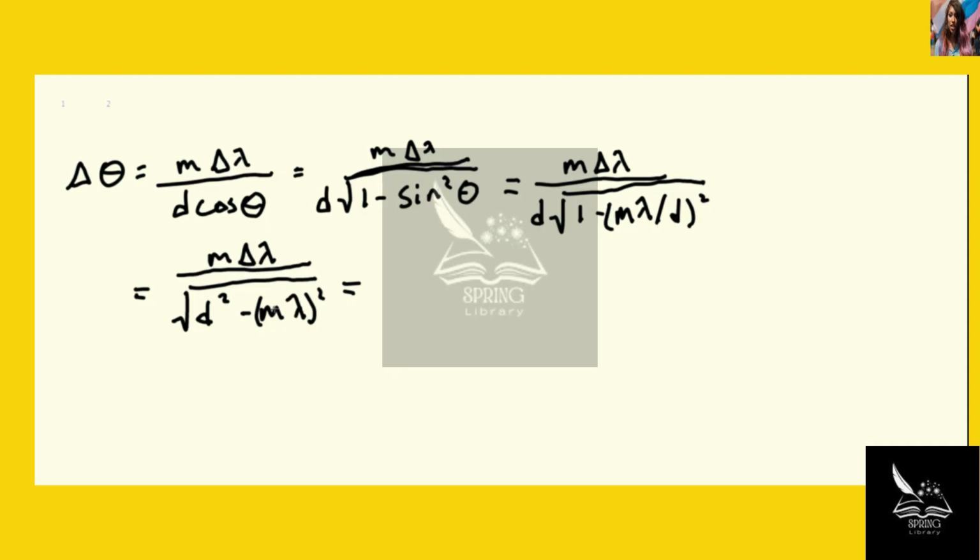And then if we factor out an m squared from everything in here, we get an m out here. We'll cancel this out. And we will get the result that we're looking for.